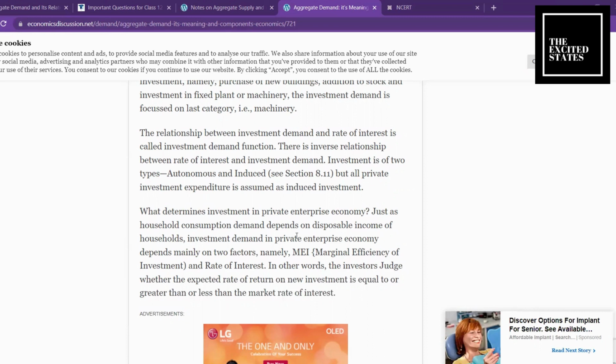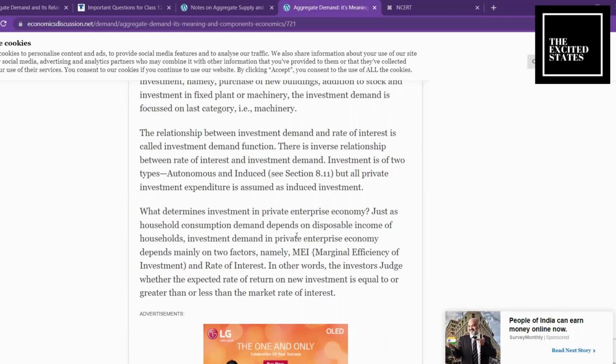Basically, a demand function is something which shows how the demand goes up and down in relation to other factors. It shows the relationship of that particular variable with the other variable. So here the investment demand function shows the relationship between investment demand and the rate of interest.